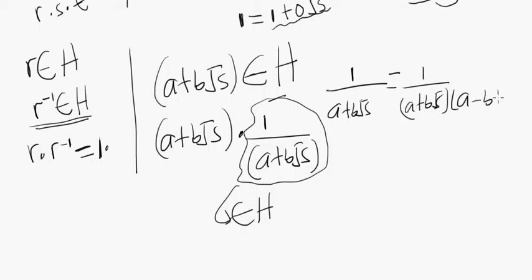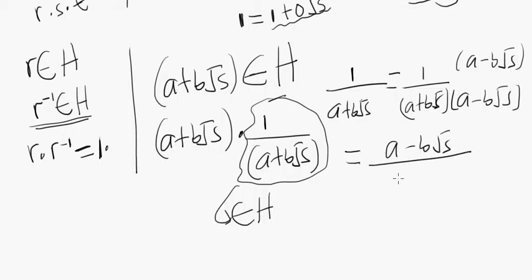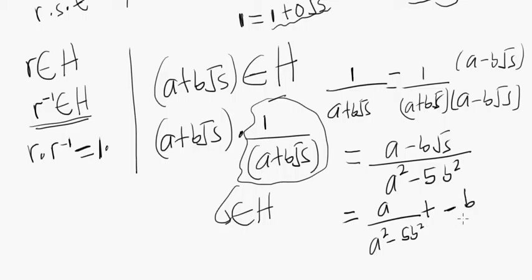multiplied by A minus B root 5 over A minus B root 5. The outcome really is A minus B root 5, and here we just do the difference of two squares, 5B squared. The outcome now becomes A over A squared minus 5B squared plus negative B over A squared minus 5B squared times root 5.